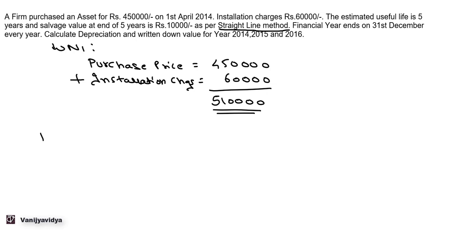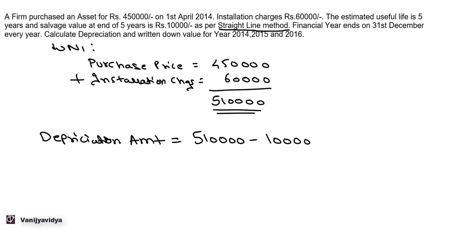Now let us calculate the depreciation amount. Cost of the asset, 5,10,000 minus salvage value or residual value 10,000, divided by 5, the useful life of the asset. That comes to 1 lakh. So the amount of depreciation is 1 lakh per year.